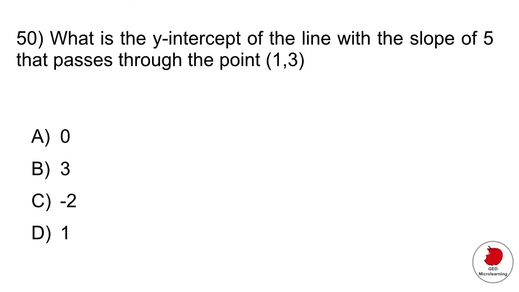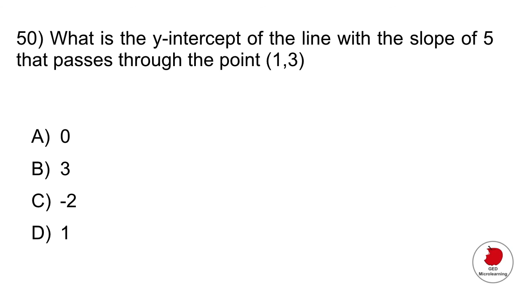All right, question 50. What is the y-intercept of the line with the slope of 5 that passes through the point 1, 3? Whenever they give you that word y-intercept of the line, what they want you to understand is that they're asking you to remember the equation.